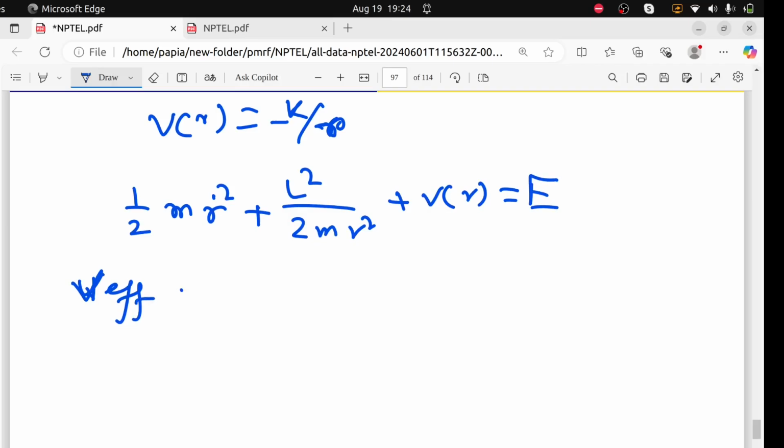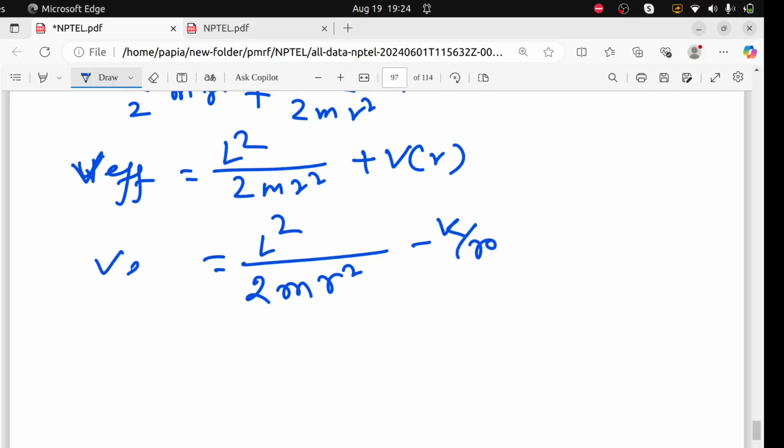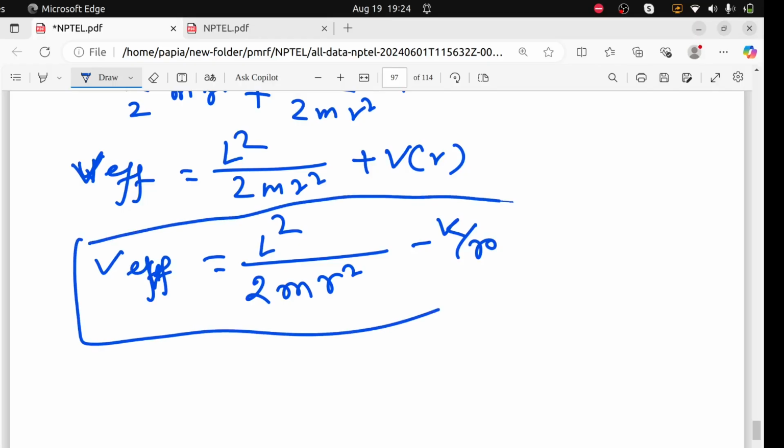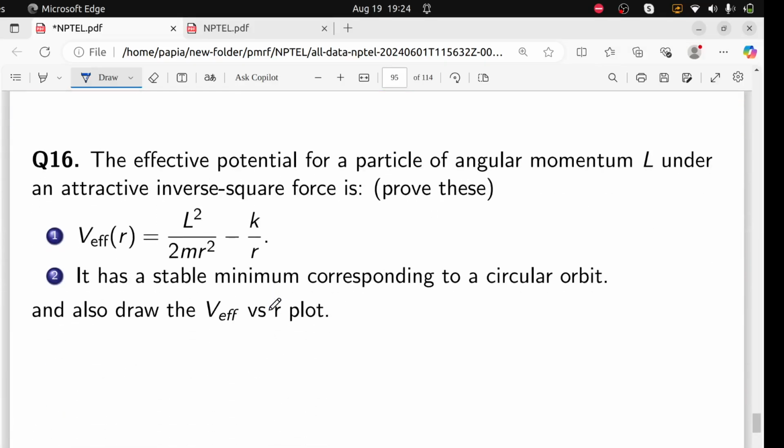V effective is always L square by 2m r square plus V of r. Now here V of r is minus k by r, so V effective is L square by 2m r square minus k by r.